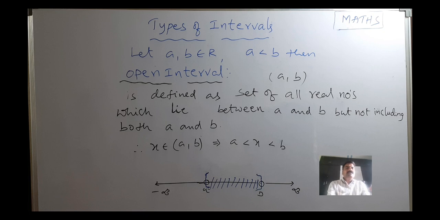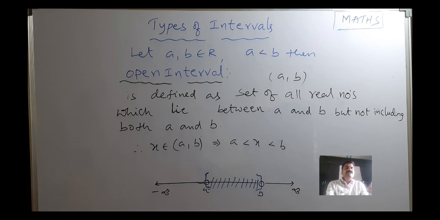So let us see the representation of this open interval on the number line. So as usual, let us note down a comma b on a number line. Since a is the smallest one, it must be the first number followed by the next number which is b.